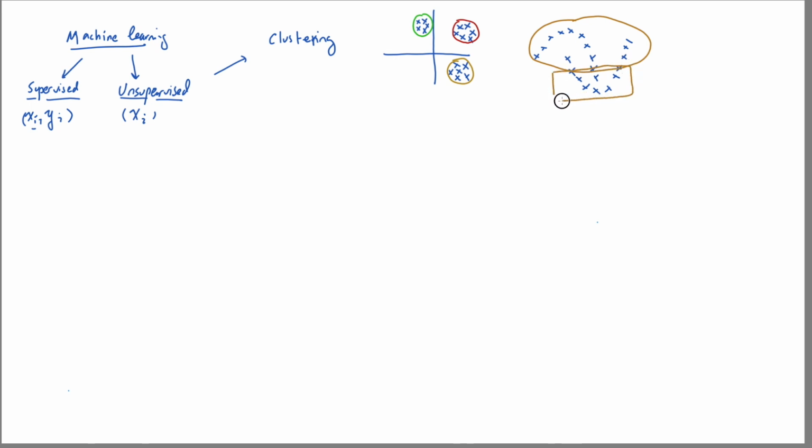I'm just drawing my two clusters in different shapes. Some algorithms will notice the shape and give you these two clusters. Depending on the type of clustering algorithm you use, you'll end up with different clusters.